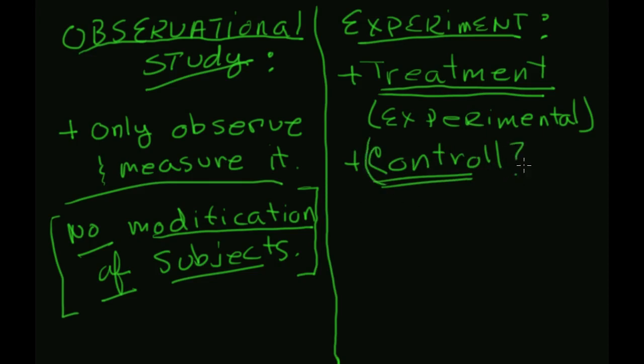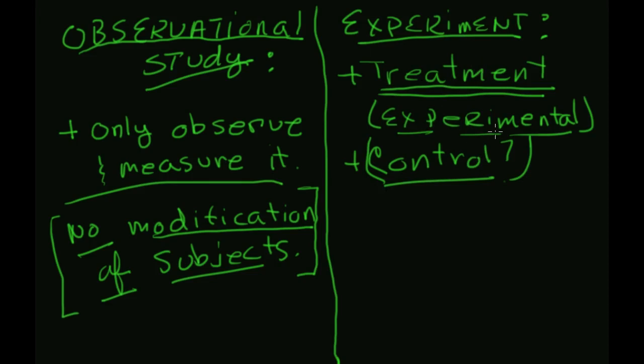Doesn't always have to be a control group in an experiment, but oftentimes there is one. And that would give us something to compare the experimental group to. Sometimes we do before and after, so we could see what the group was like before the treatment, after the treatment, this kind of thing.